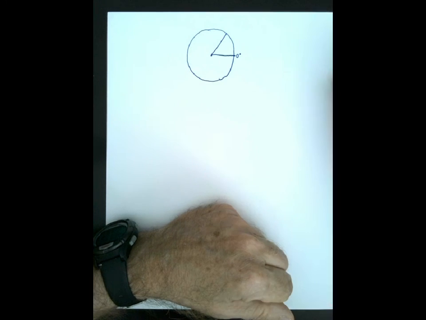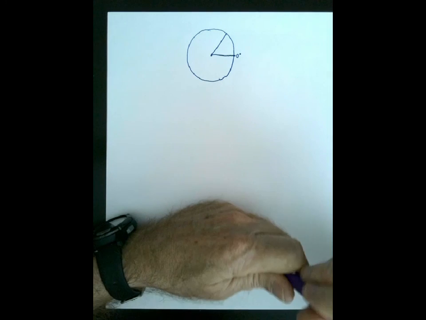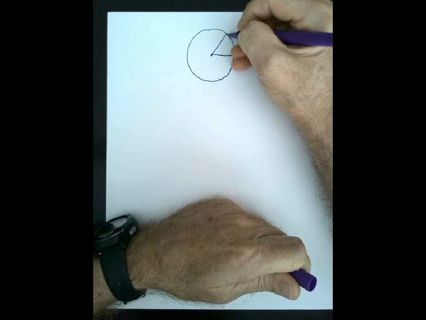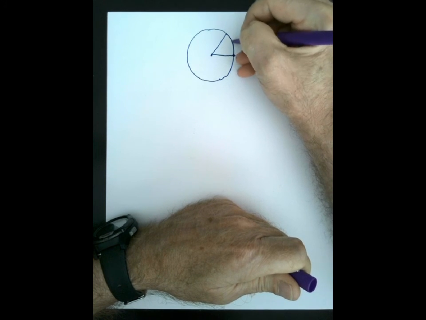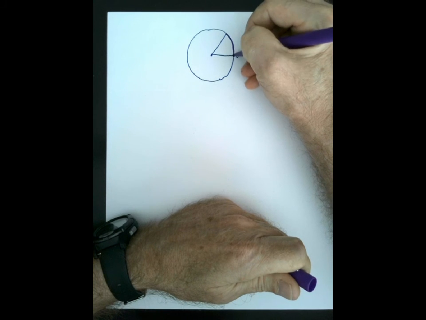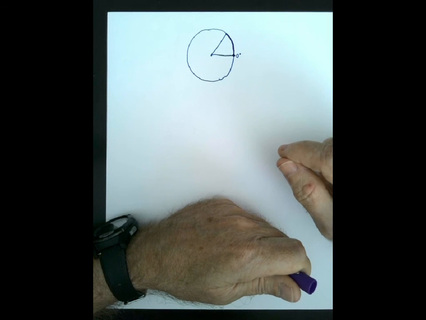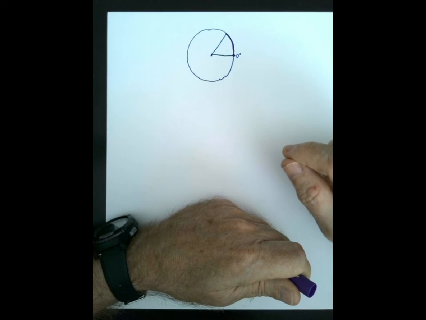One of the things we want to be able to do is calculate something on a circle called the arc length. We talked about how angle measurements like radians or degrees are like ratios. They're not really absolute measurements.